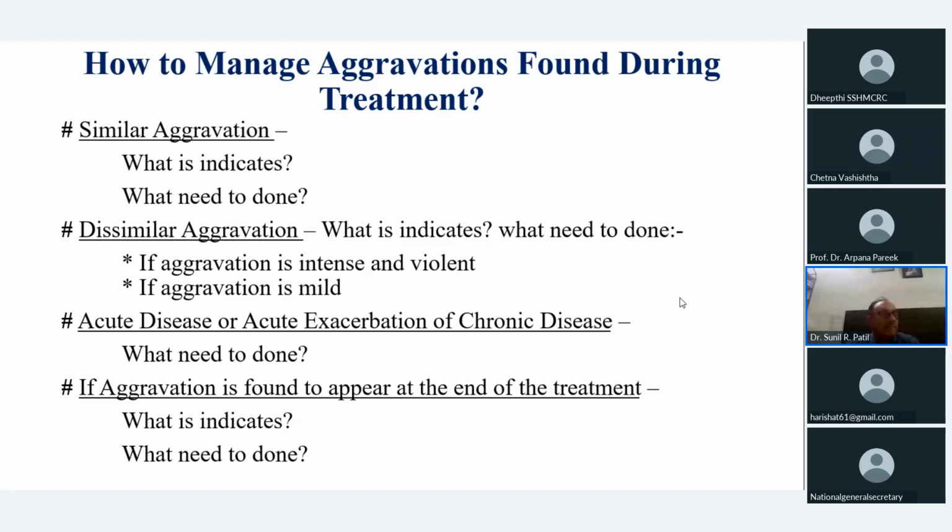Whenever the physician encounters an aggravation of the original symptoms, he must realize that the cure is almost reached. What needs to be done? On sight of this, the dose must be reduced still further, and then the dose must be repeated at longer intervals, and the dose may possibly be stopped for several days to see whether further medicinal aid is required.